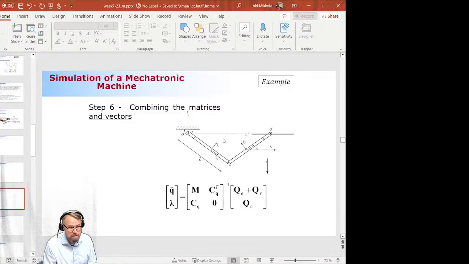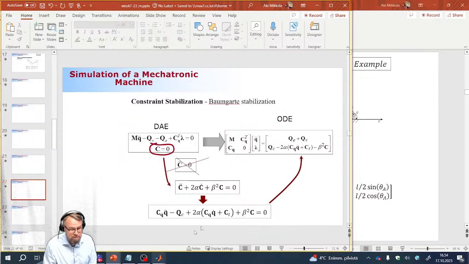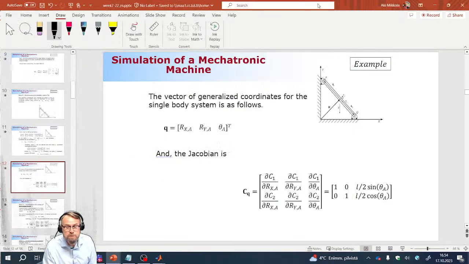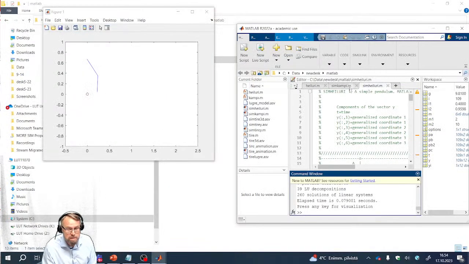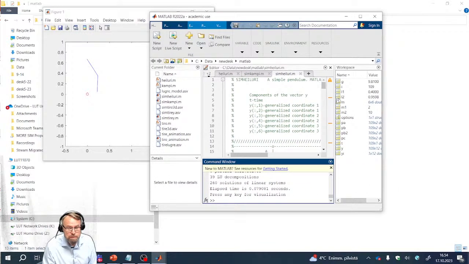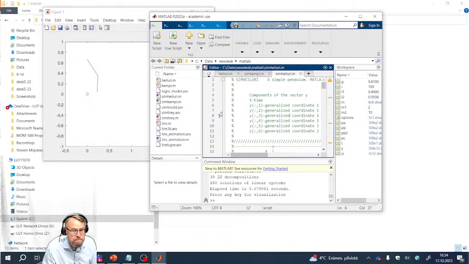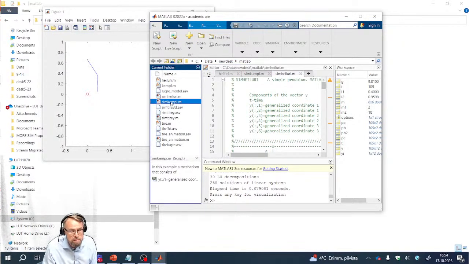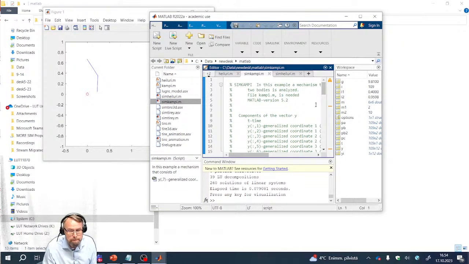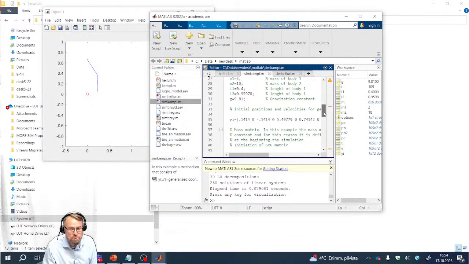Okay, let me take myself back to MATLAB. So the MATLAB is here. What I can do is simply modify my code a little bit, and I will solve it again.